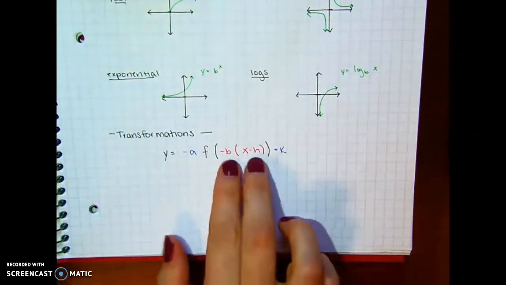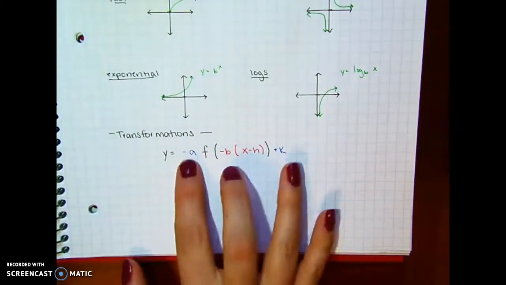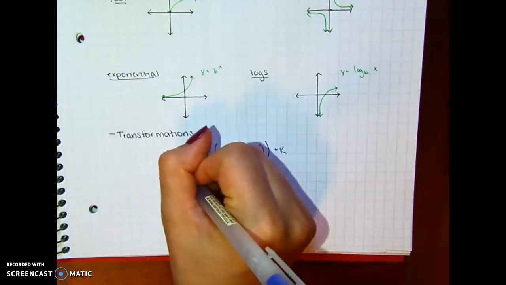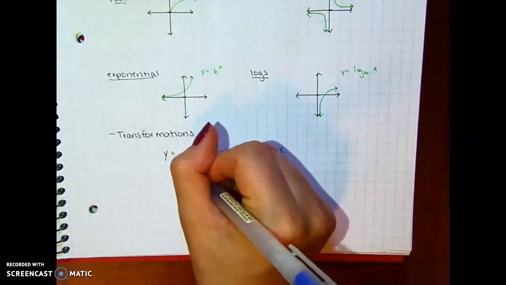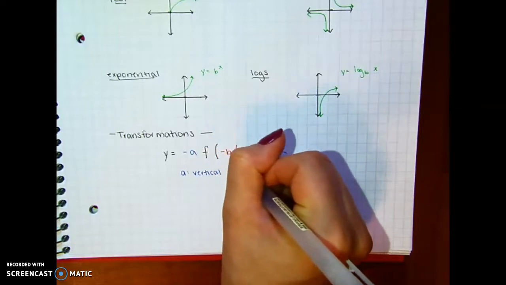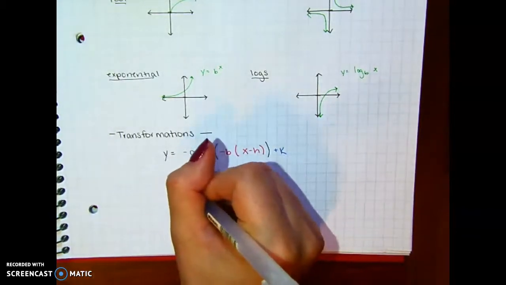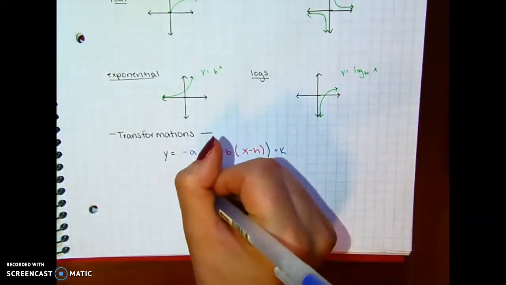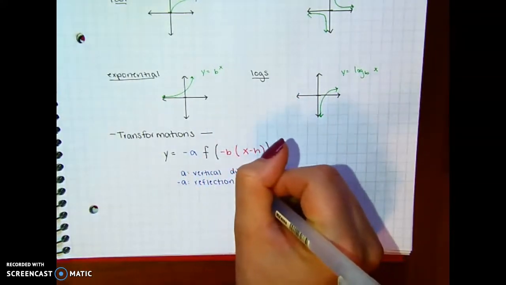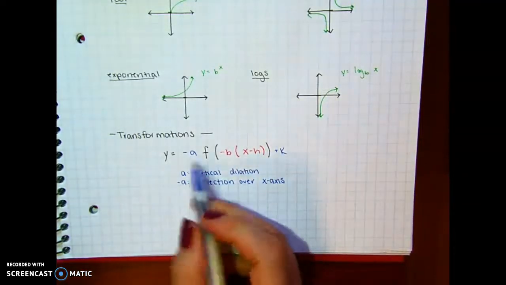So basically, everything with the x affects your horizontal values. Everything on the outside affects your y values. So a, remember, is a vertical dilation. Vertical dilations can only be positive. If a is negative, that negative is a reflection over the x-axis, which affects your y values.